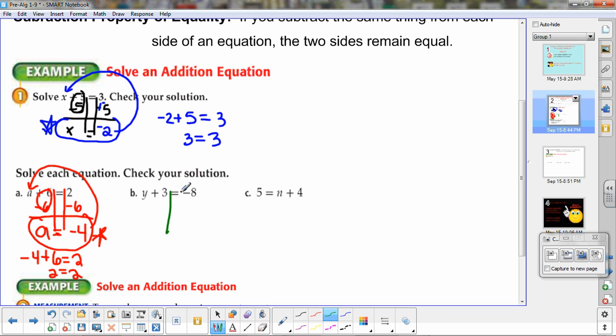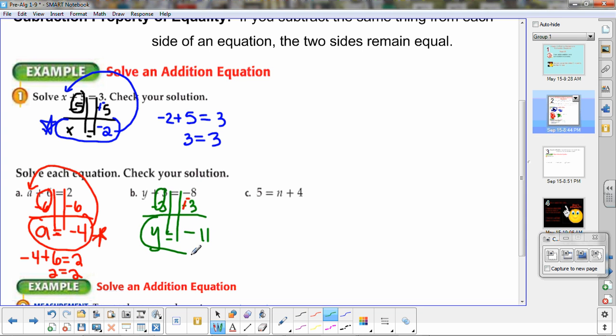Next example, draw your train tracks, and to get rid of the plus 3, you're going to subtract 3 from both sides. This positive 3 take away 3 is 0, so you have y equals, now negative 8 minus 3, you might want to change that to adding the opposite. Negative 8 plus a negative 3, that is negative 11.